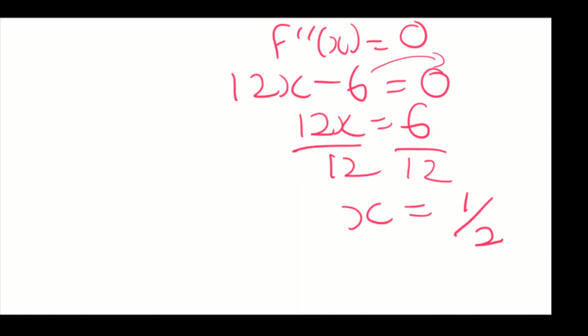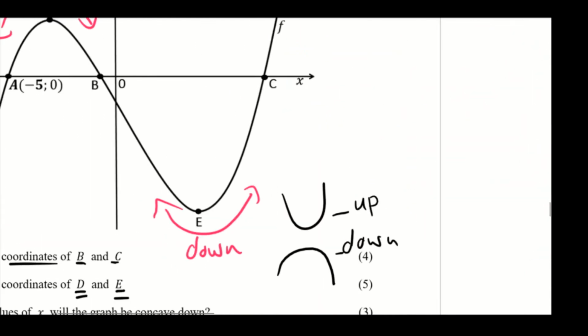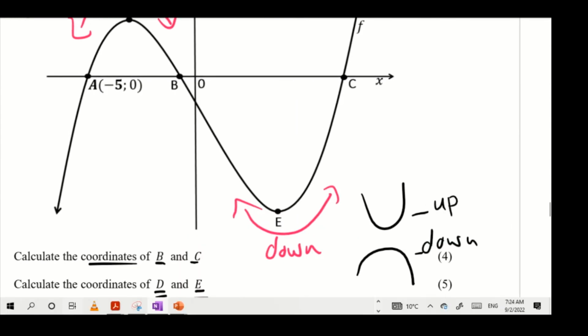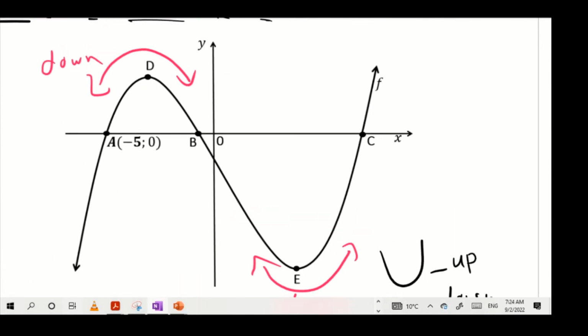So we have found the x value of the point of inflection, and now we can interpret using our graph. Where is the graph concave down?